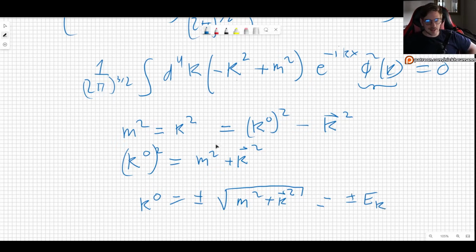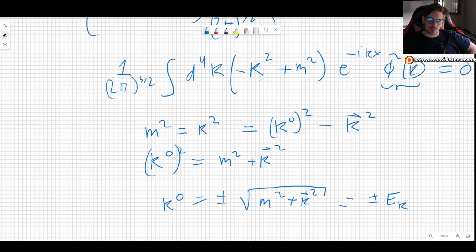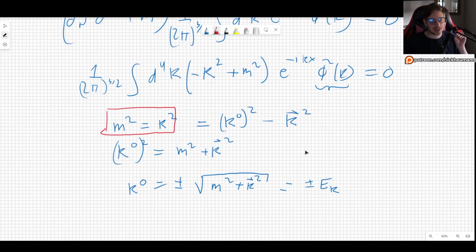And there is something that I do want to mention here, because this condition means that we will only be able to work on solutions for the Klein-Gordon field when that condition applies, which is what we call on shell. So this is what we say on shell, which basically means that we are in the case where m squared is equal to k squared, because there are a bunch of possible combinations of momentum, but we want only these combinations. For now, it doesn't have much meaning. It's like, okay, just a word.